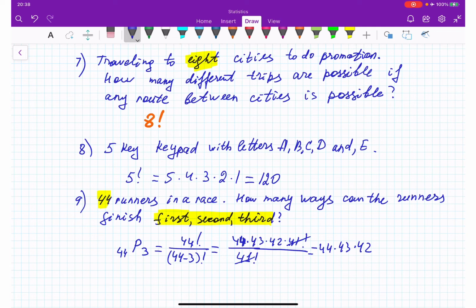Let me count one more time. 44 times 43 times 42 is 79,464. So this many combinations can be of 3 winners.